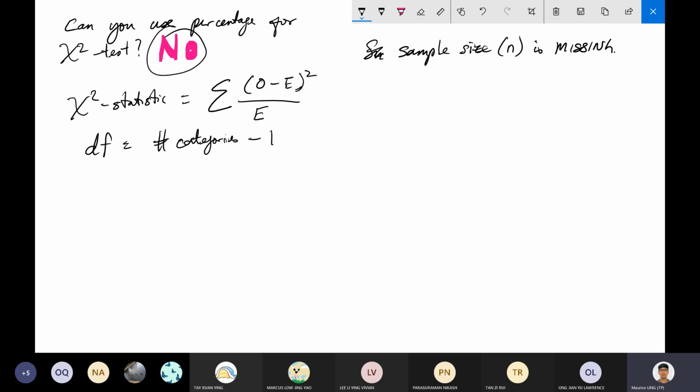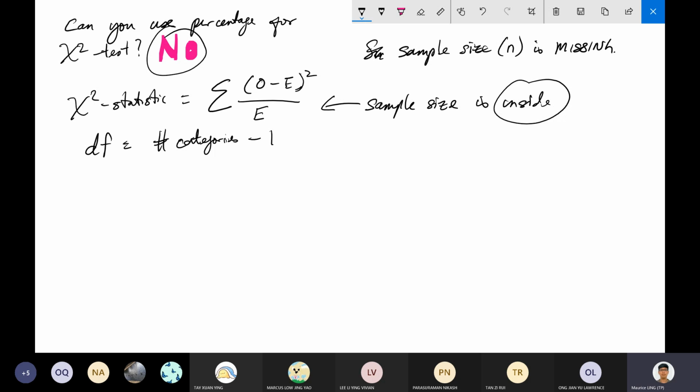And remember how important sample size is? How come sample size is missing from here? What if I tell you that sample size is inside this equation, just that you do not see it? That means it's embedded elsewhere.